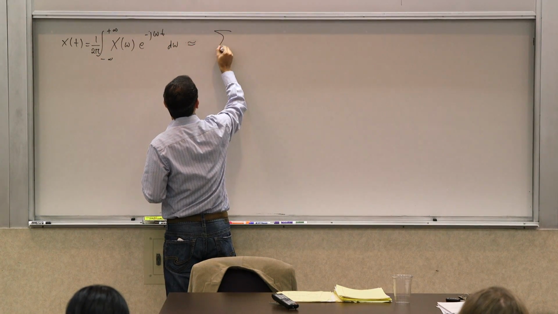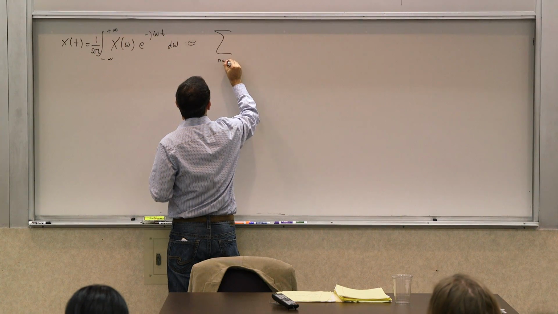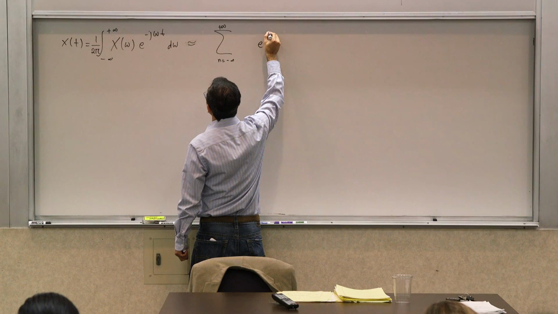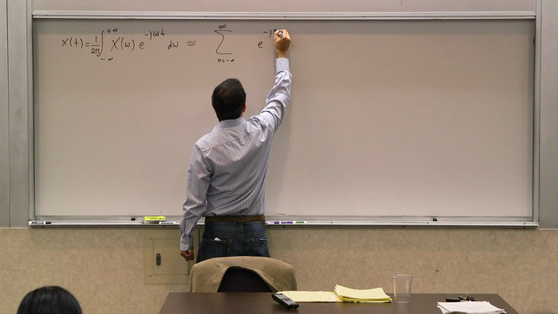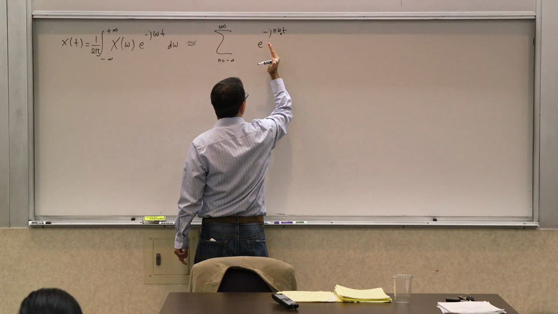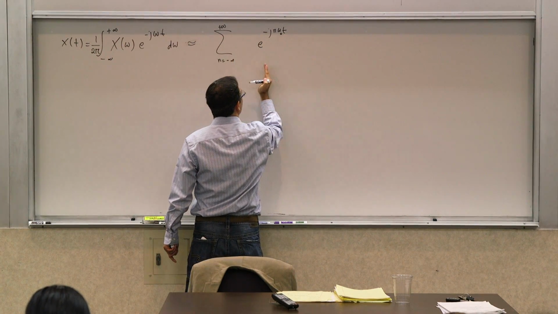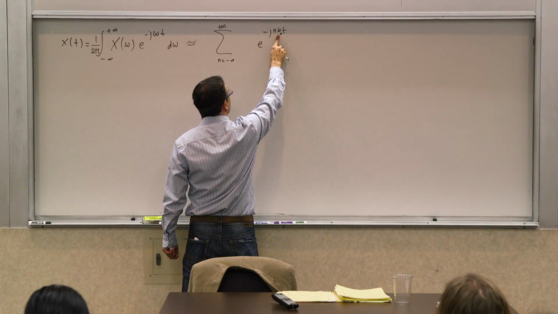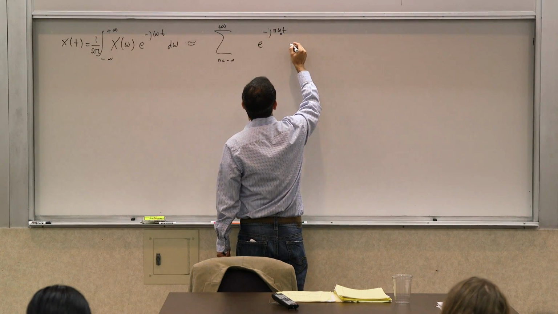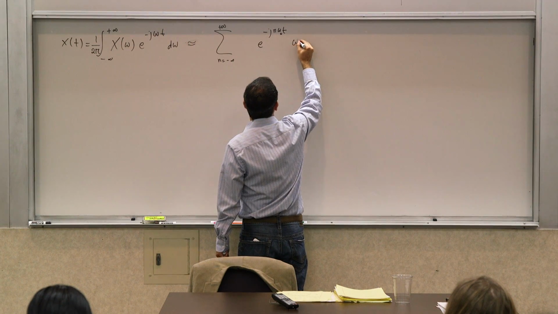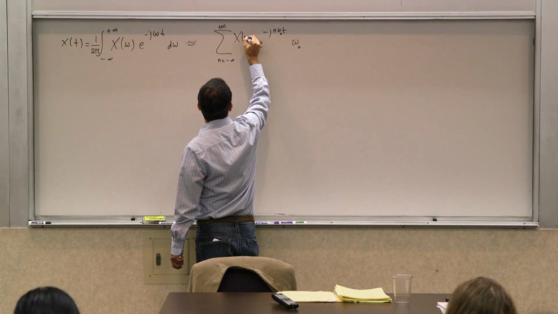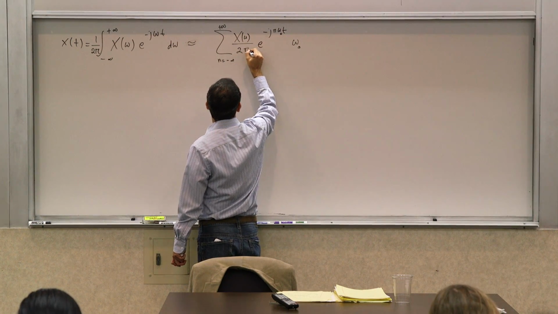So I can write it as a sum of n from negative infinity to positive infinity of e to the negative j n omega naught t to span the space with this sum, right? So I want to go in steps of omega naught from negative infinity to positive infinity. So n goes from negative infinity to positive infinity times omega naught spans the omega. And then I have omega naught, and then I have x of omega over 2 pi.